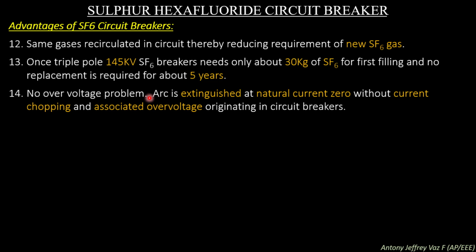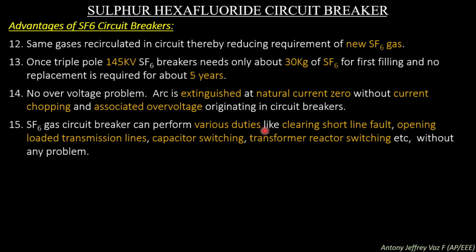No overvoltage problem. The arc is extinguished at natural current zero without current chopping and the associated overvoltage. So the arc extinguishing property of the SF6 circuit breaker is very good.